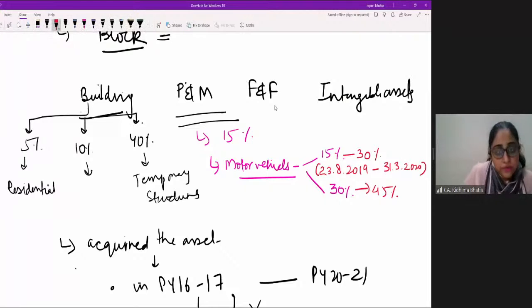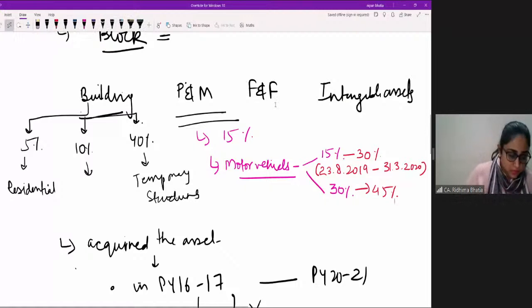Instead of 15, you will get 30, and instead of 30, you will get 45% for the whole life of that motor vehicle. So that people purchase more cars and use them for the purpose of business. They basically increased the depreciation rate by 15%. Clear?